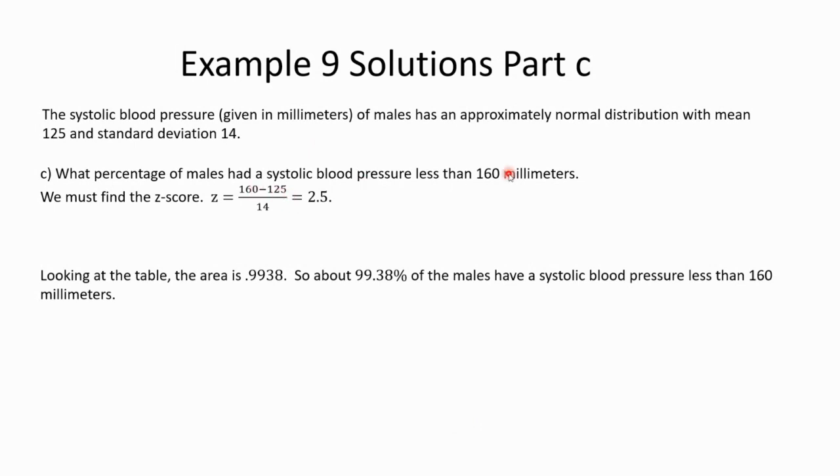Here we have our data value, so we subtract the mean, divide by the standard deviation, and we get 2.5. Now again, the table you should have in front of you, so I'm not going to jump to the table now. But basically, if you looked in there, you would get 0.9938.